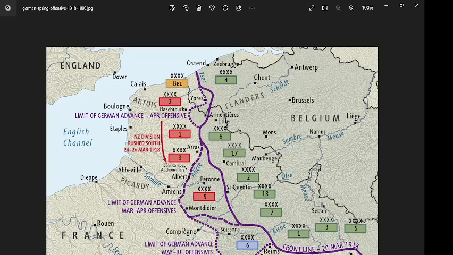And again, the idea is still to try to suck more and more French and British units north, because they still are trying to create the criteria where they could make this offensive work. They came so close that they kind of felt the need to go all in on that. And it's hard to blame them, at least from the commander level.